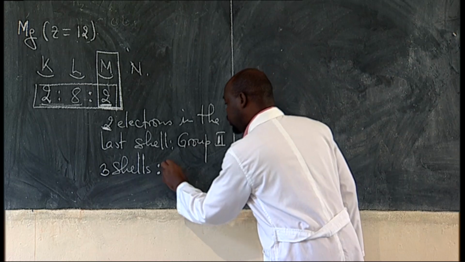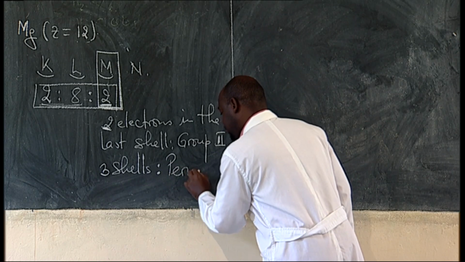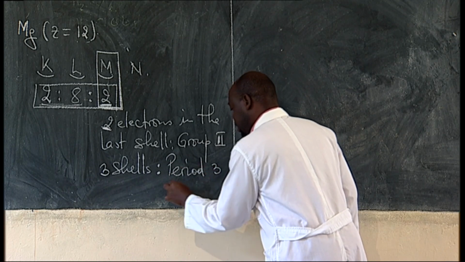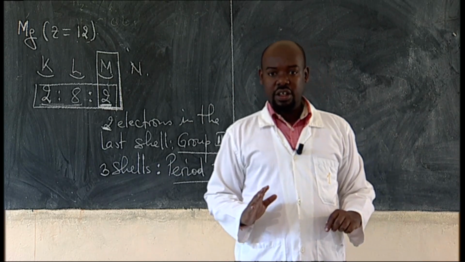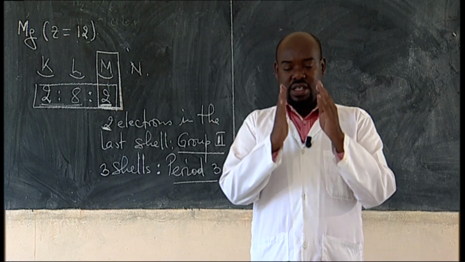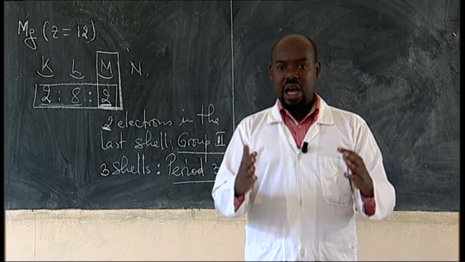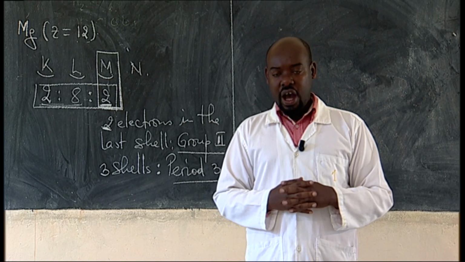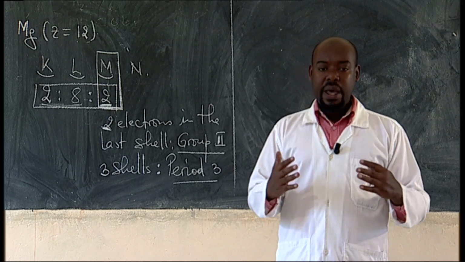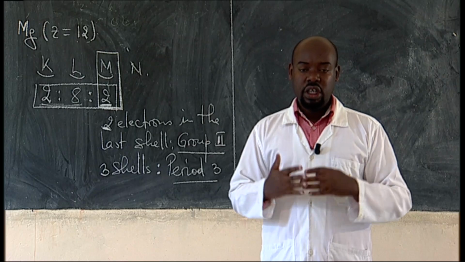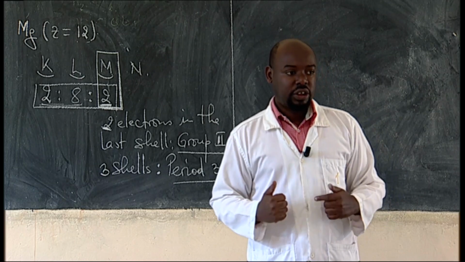So it belongs to period number 3. I hope it is very clear. So magnesium is in the second group based on the number of valence electrons it has, and it is also in period number 3 based on the number of electronic shells it has.